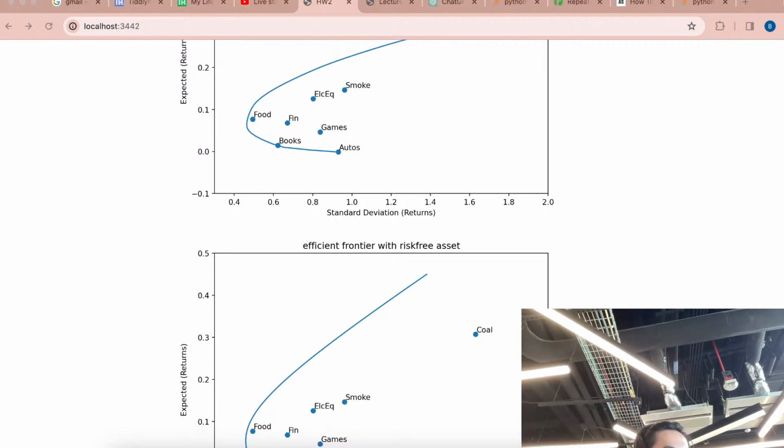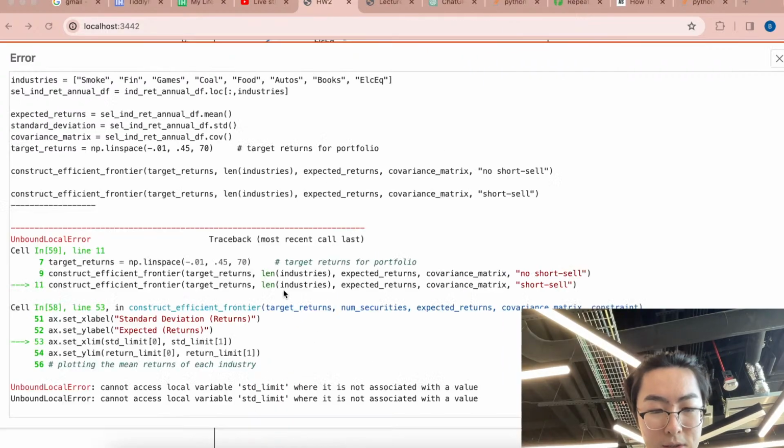Okay, so I want to grab the lower bound and the upper bound, and then do the same. Oh, so I think I actually have this switched up. The y limit should be the return limit, and then I think the x limit should be the standard deviation limit. Okay, so hopefully this will make the graph.